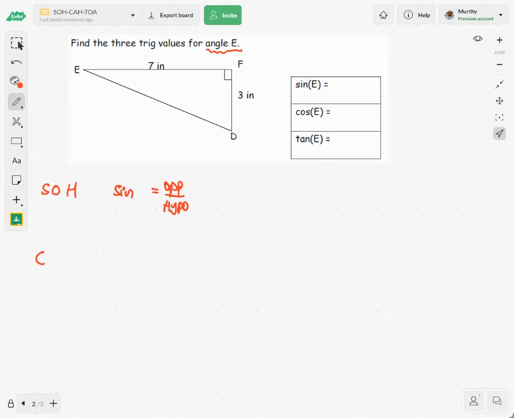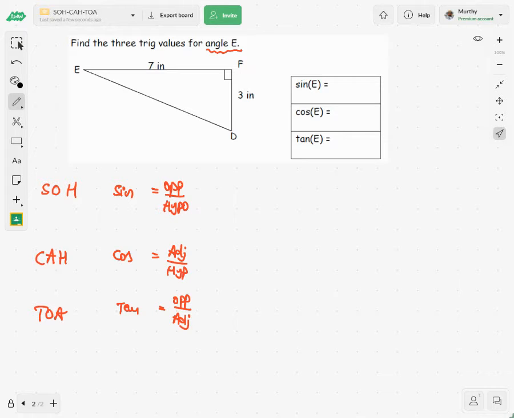Next, CAH, that is cos equals adjacent side over hypotenuse. And next, TOA, which is tangent equals opposite over adjacent. But please don't be lazy. Please write in detail so that you can avoid a lot of mistakes.